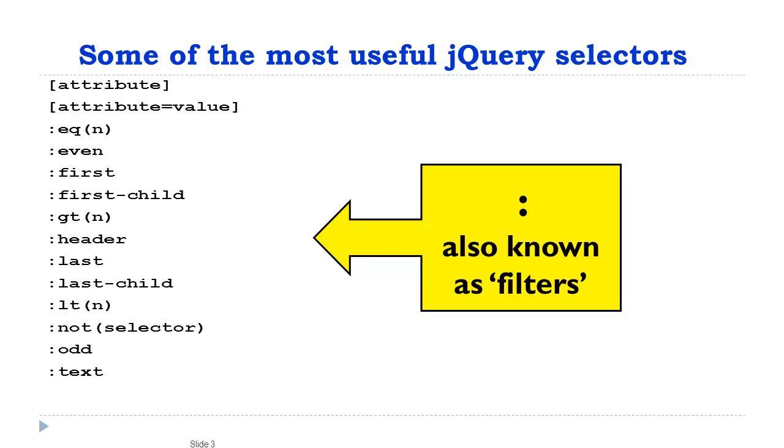The first child, the nth child, even, odd, etc. And when you have these selectors with the colons, a lot of people will call these filters. So you may see these referred to as filters in other text.